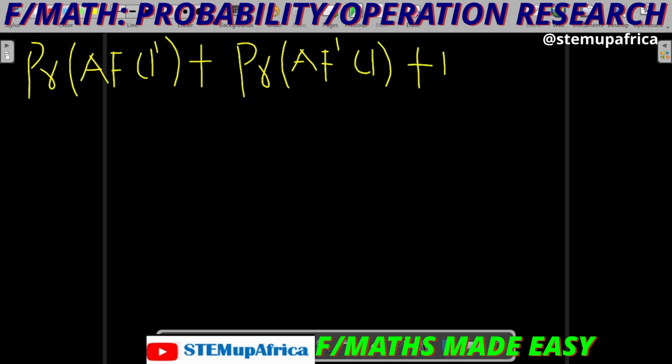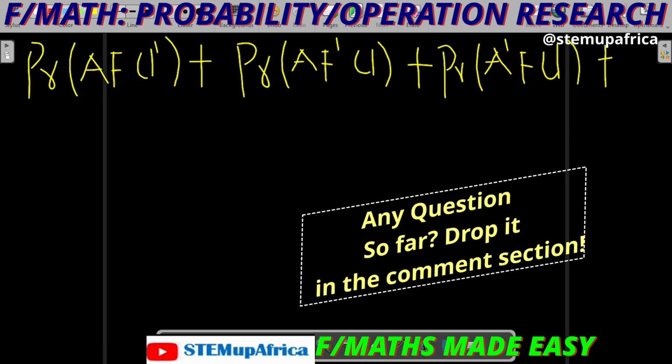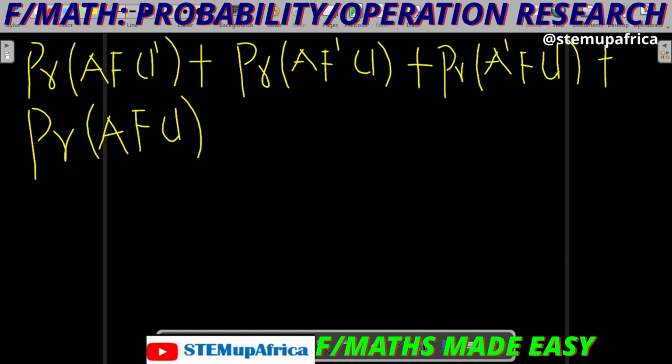Or prob Abiola failed to solve correctly, Fatima solved correctly, Ushena solved correctly. Or the probability that Fatima solved correctly, Abiola solved correctly and Ushena solved correctly. So this is the context of the question: at least 2 solved correctly.